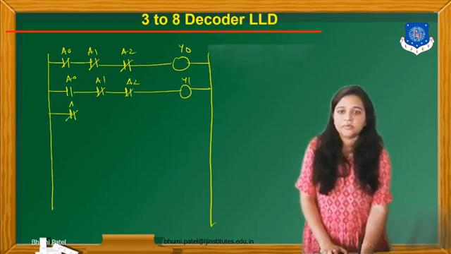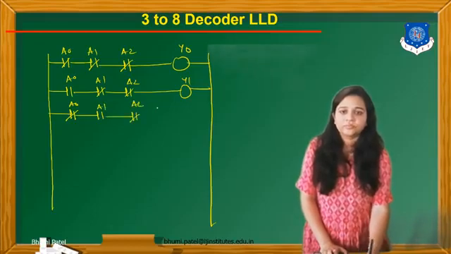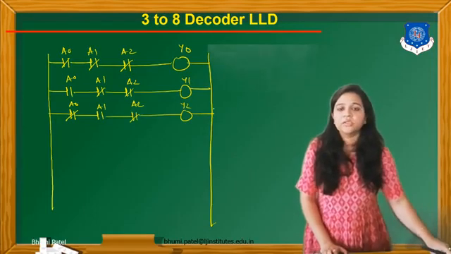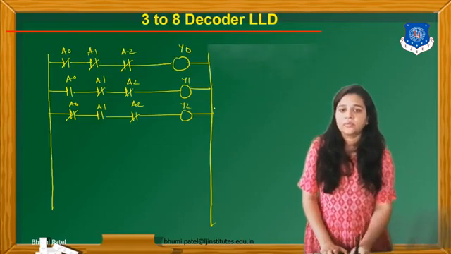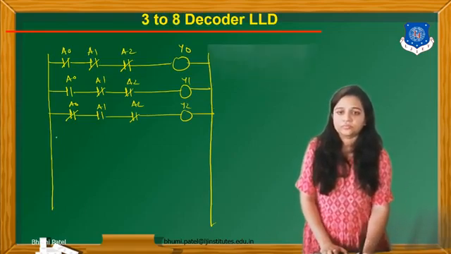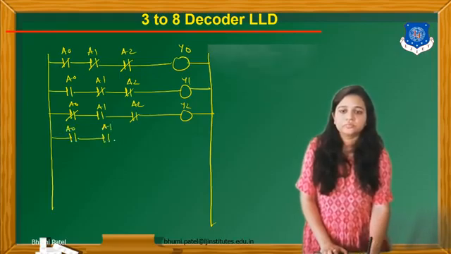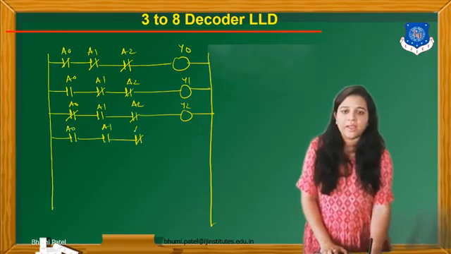This is my Y2. Now the condition for Y3 is A0, A1, A2 dash. This is my Y3 output.